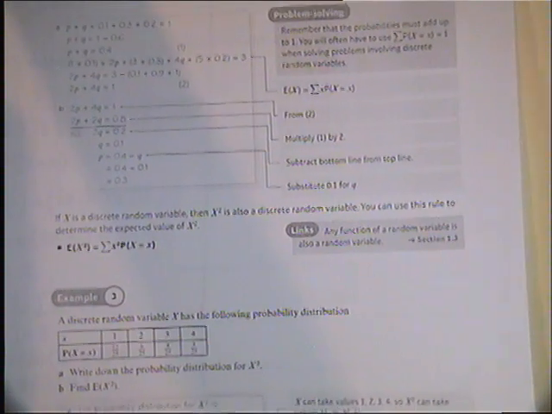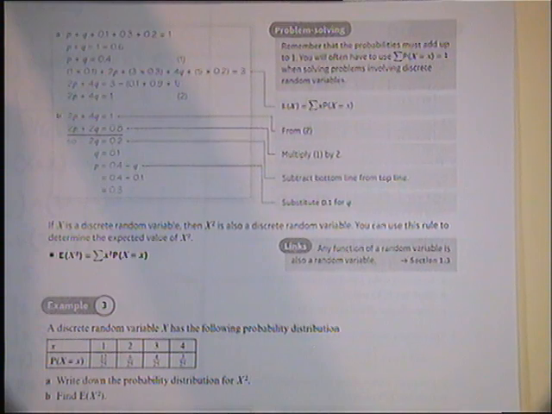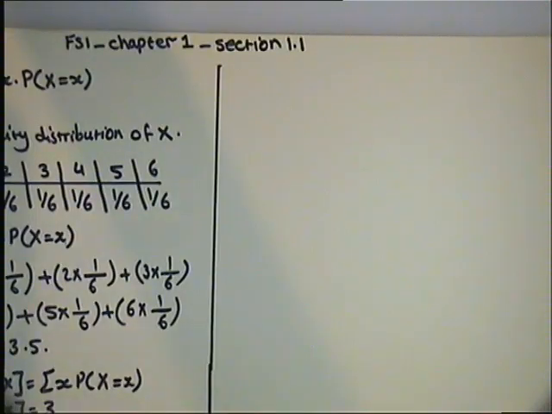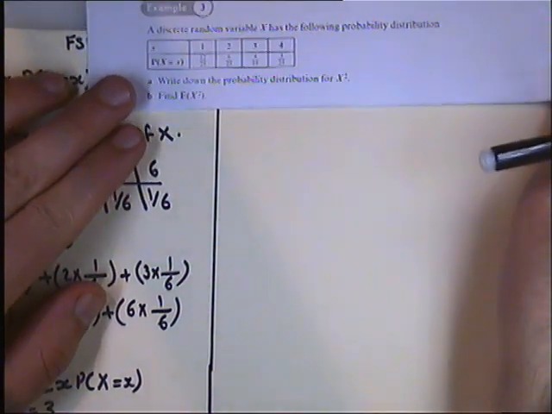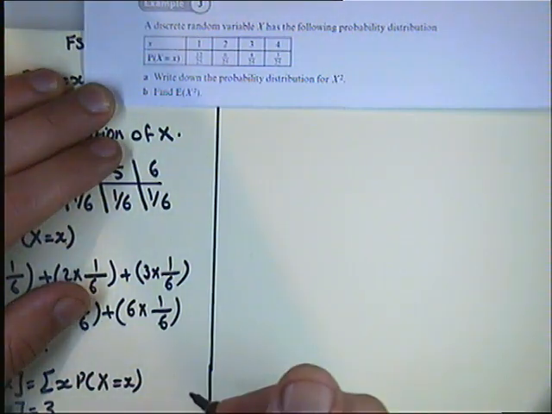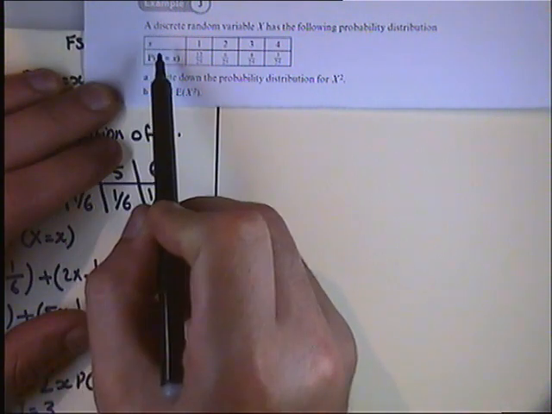Here is the question for example 3. It says a discrete random variable x has the following probability distribution.